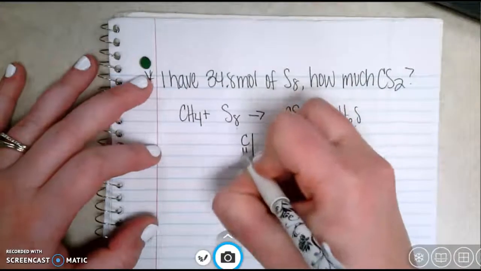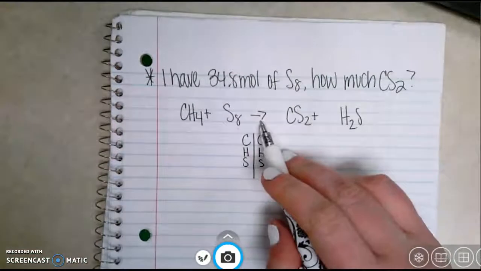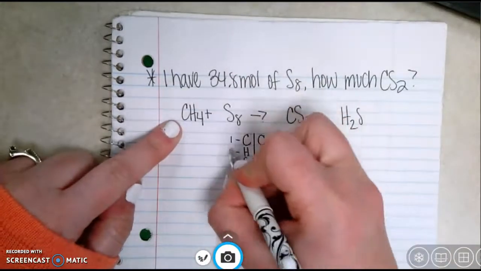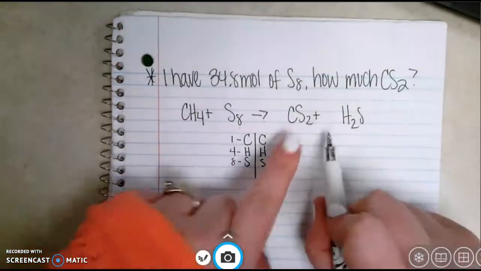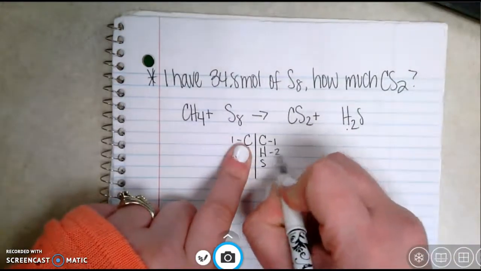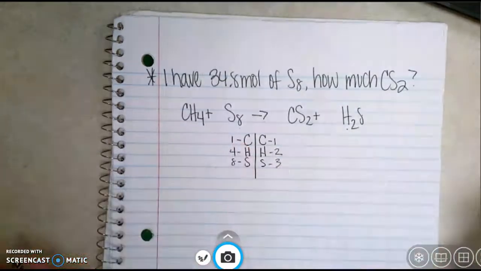I've got some C's, some H's, and some S's. On the left of the line, I have 1 carbon, 4 hydrogens, and 8 sulfurs. And over here, I have 1 carbon, 2 hydrogens, and 1, 2, 3 sulfurs.